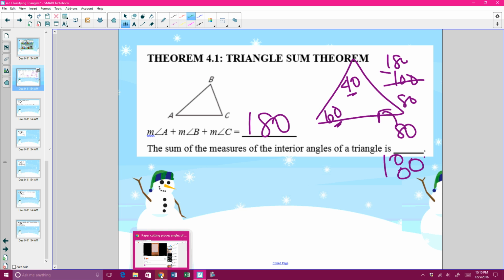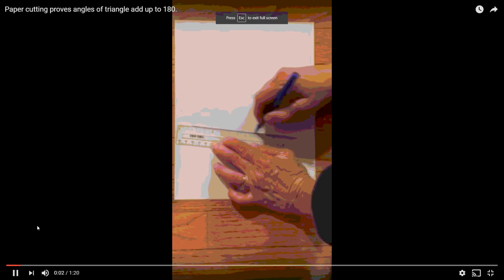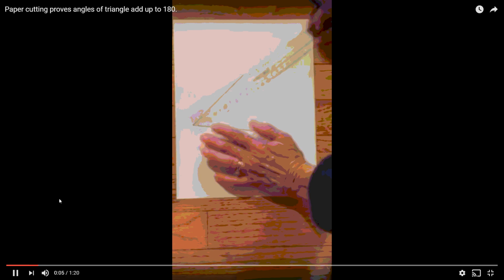Here's a visual proof of why this works. So that's triangle ABC.